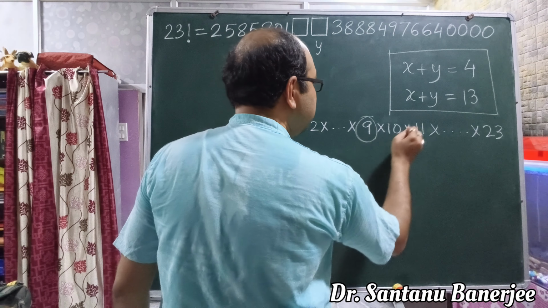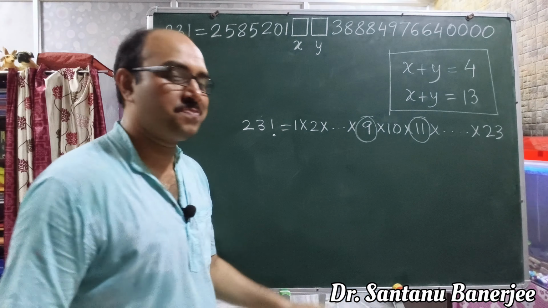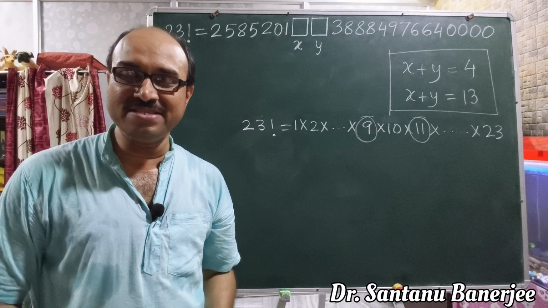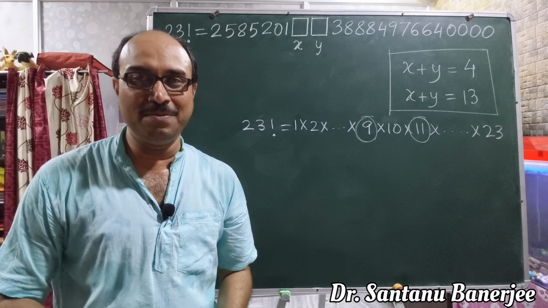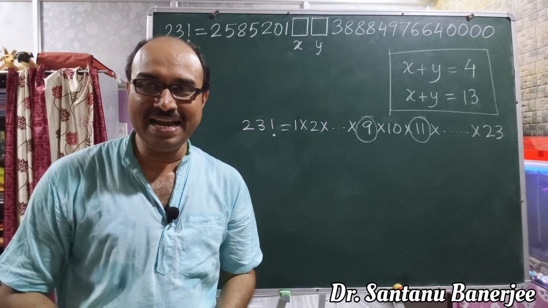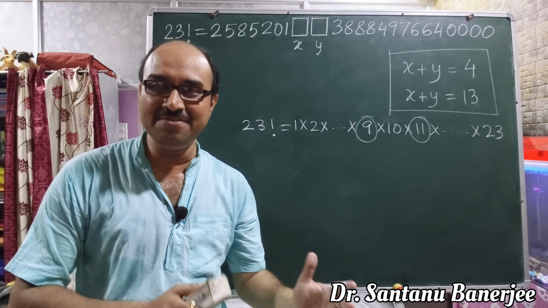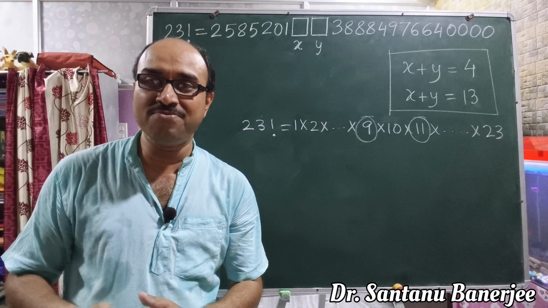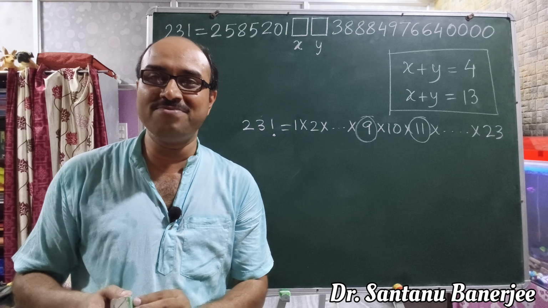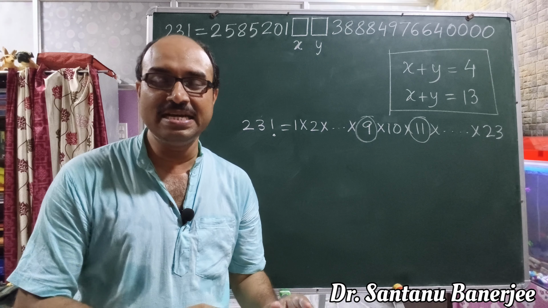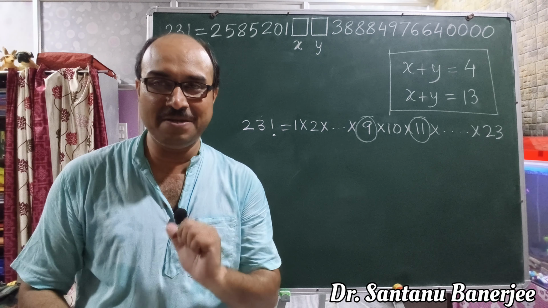Similarly, 11 is also a factor, so this number will also be divisible by 11. Now, what is the property of a number divisible by 11? The property is that the sum of the odd placed digits minus the sum of the even placed digits is also divisible by 11.